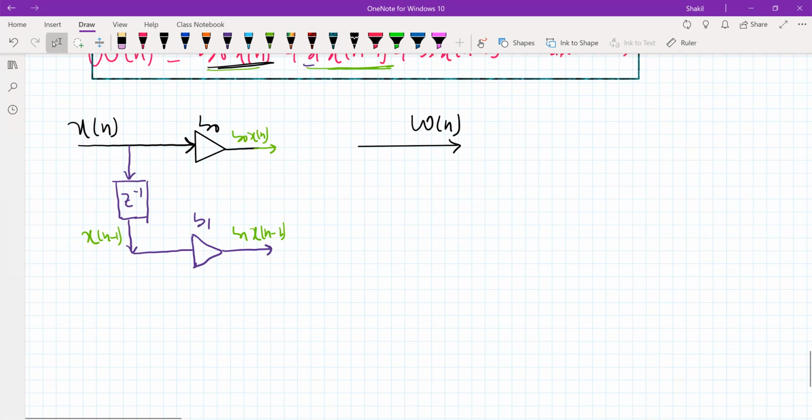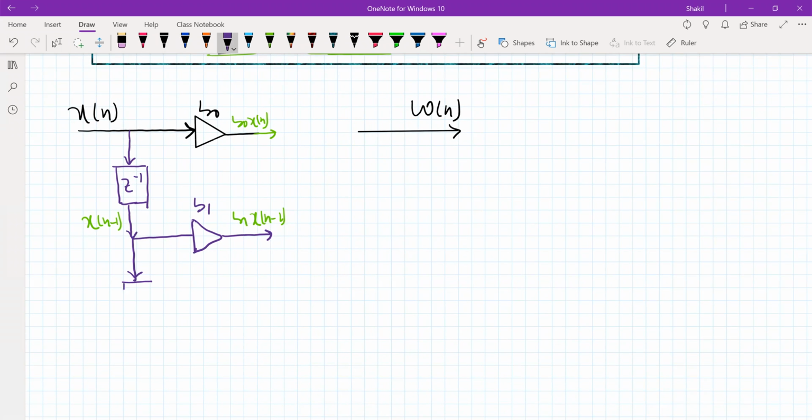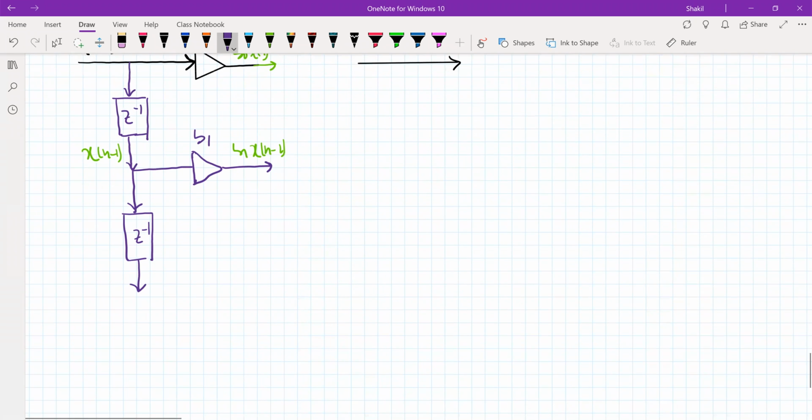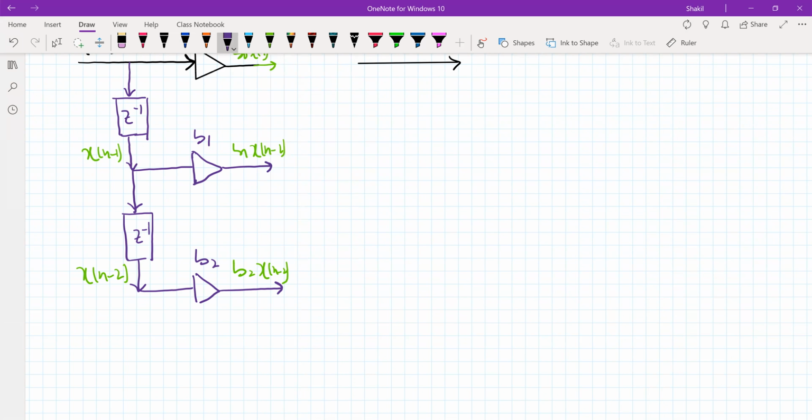Then, to get the third term, we again delay x of n minus 1. That will give us x of n minus 2. We again pass it through a multiplier block whose coefficient is b2, giving b2 x of n minus 2. And this will continue this way.